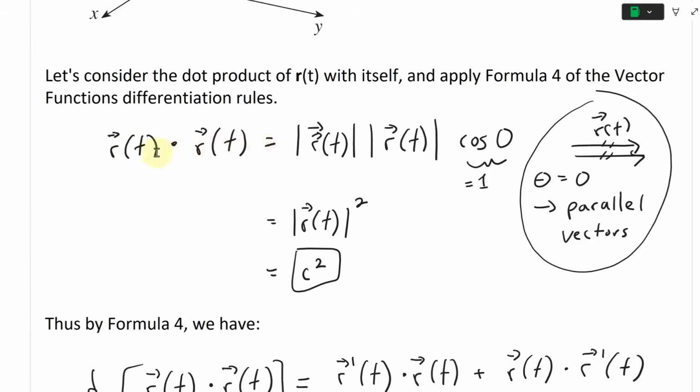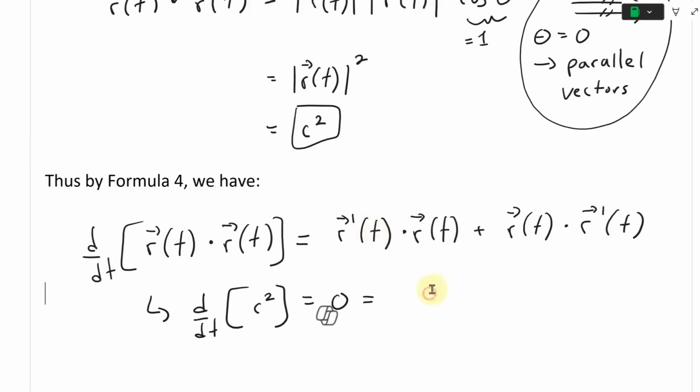Now these two terms, we can just add them up, because the order doesn't matter for the dot product: r prime of t dot r of t is the same thing as r of t dot r prime of t. So we get 2 times r prime of t dot product with r of t.